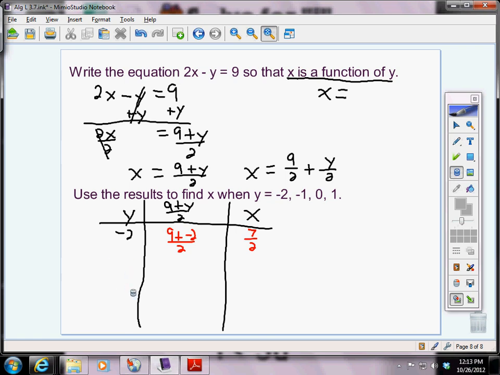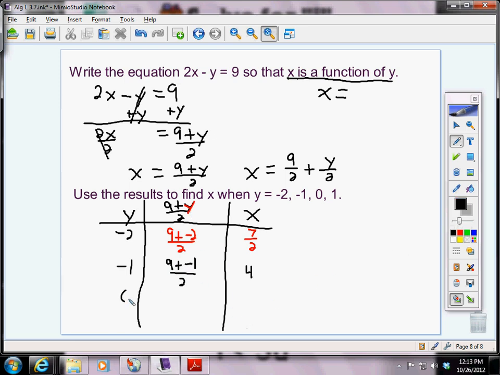The next number we want to plug in is negative 1. So if I go 9 plus negative 1, that's 8. 8 divided by 2 is 4. Again, ladies and gentlemen, all I'm doing is taking my y values and plugging them in for y.